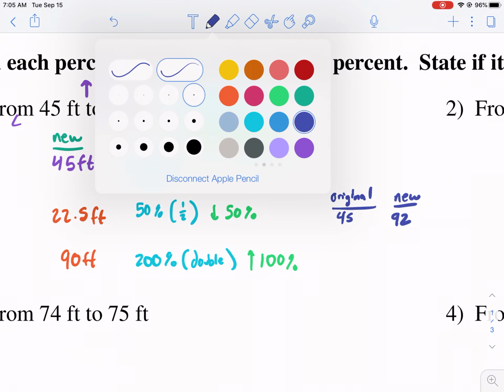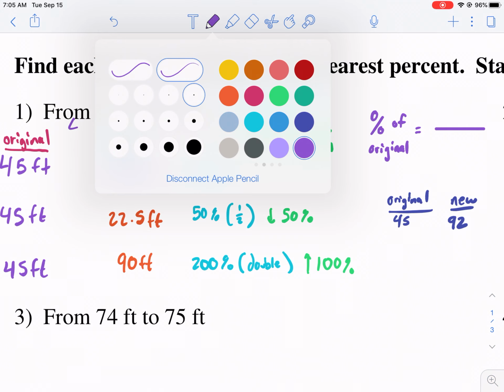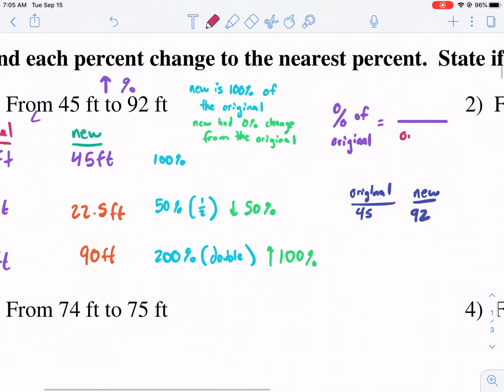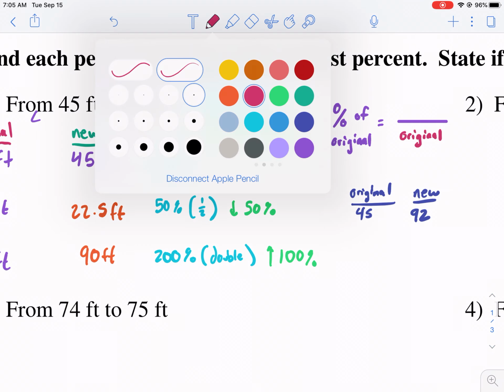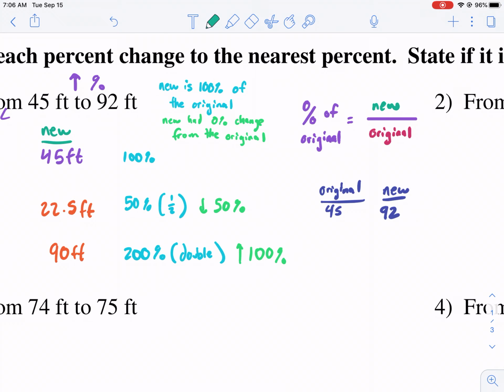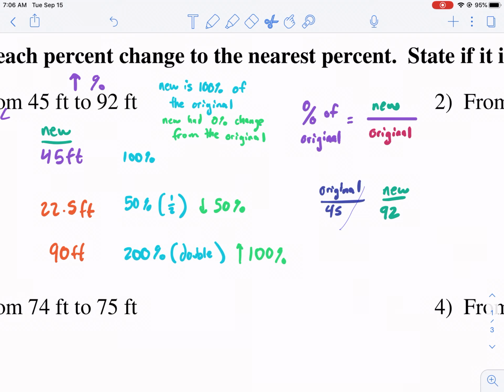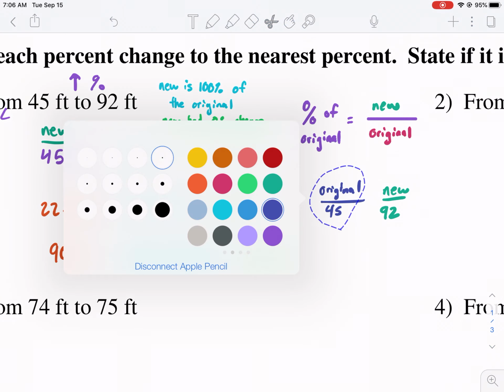To find the percentage of the original, we're going to use the original as the baseline, as the whole. So the original will be on the bottom, and then we're going to put the new on the top. So we take the new, we divide that by the original, and that will tell us what percentage the new is of the original.